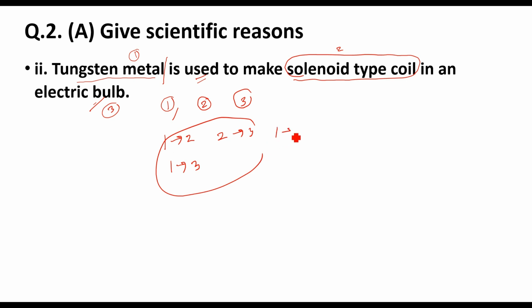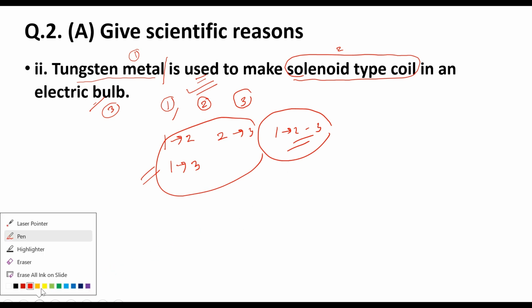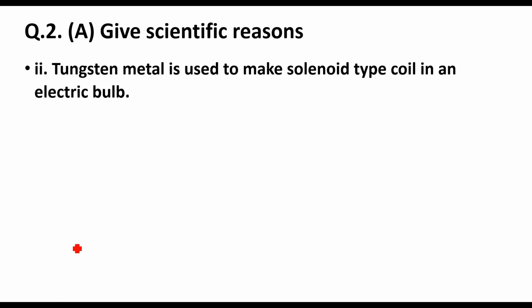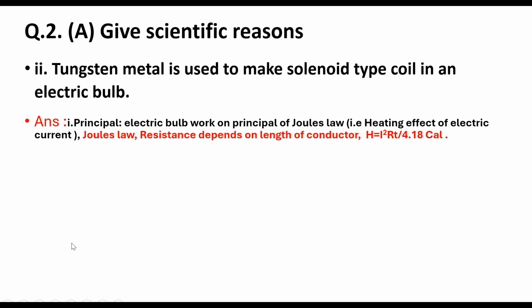All these 1, 2, 3 are correlated, and therefore we use tungsten metal. This is the criterion you have to apply for any give reason, because when we write any give reason, certain logical rules are followed. So let us see how you can write the answer to this question.